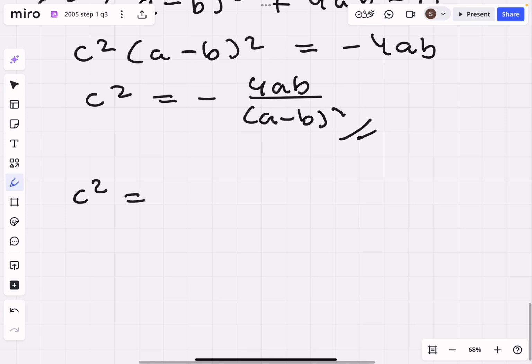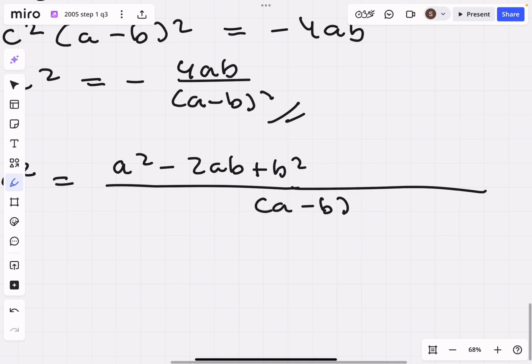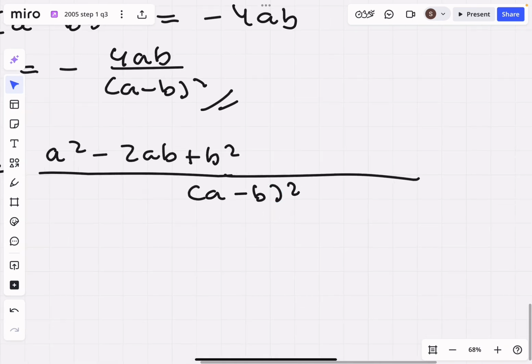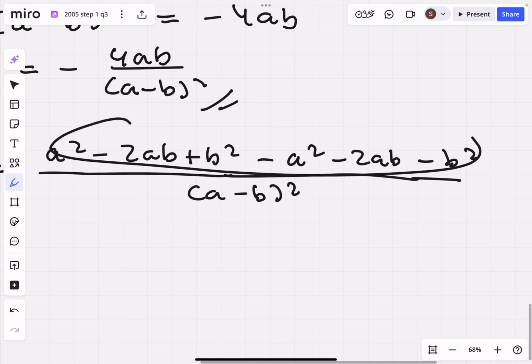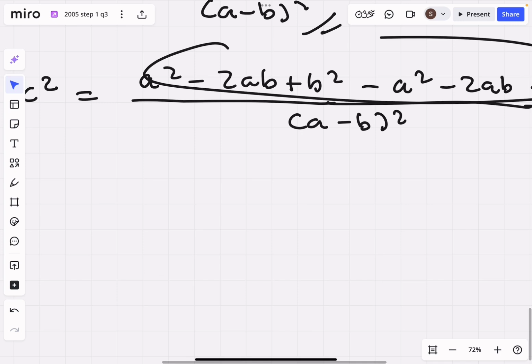So we know that (a minus b) squared is a squared minus 2ab plus b squared, and then that is all over (a minus b) squared. And then we have to take those away now. So minus a squared, and then minus 2ab minus b squared. And if we collected all of this, we would get minus 4ab. So we haven't actually changed anything because we're adding and subtracting the same number.